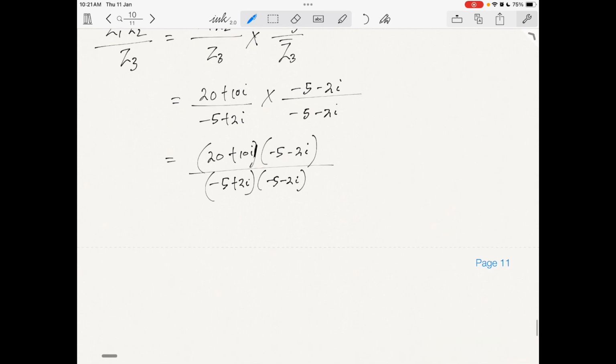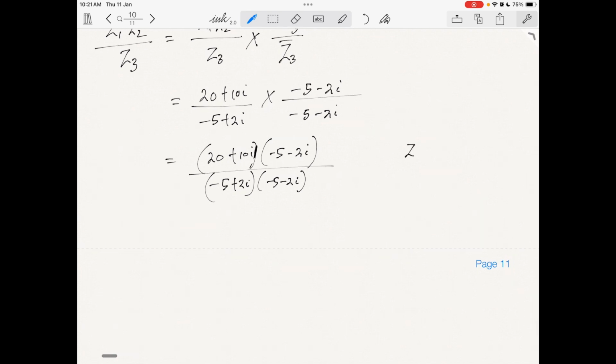Now you can simply do your multiplication rule, but let us apply what we have learned, that the product of a complex number, let's say z, multiplied by its conjugate z bar, is equal to the sum of the squares of the real part and the imaginary parts. So we are saying z is equal to x plus yi.